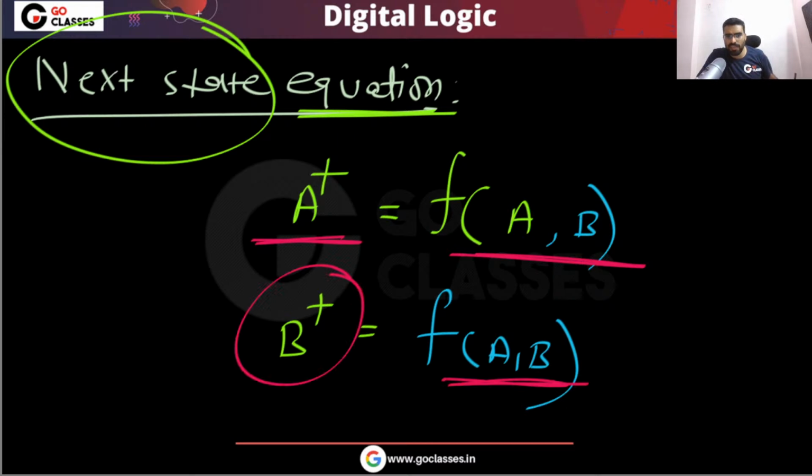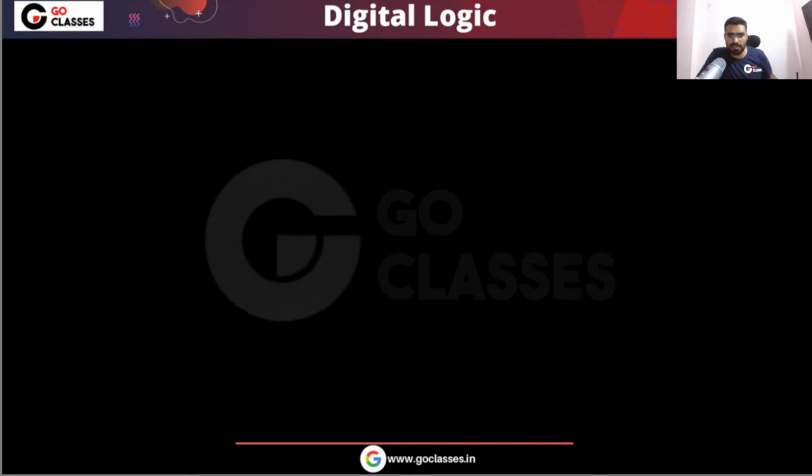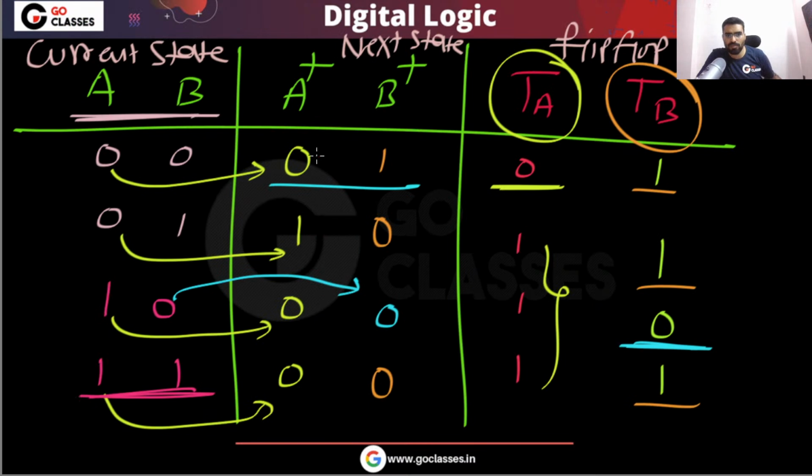So now finally we can write the equation. So what is A plus? From this truth table, what will be A plus?